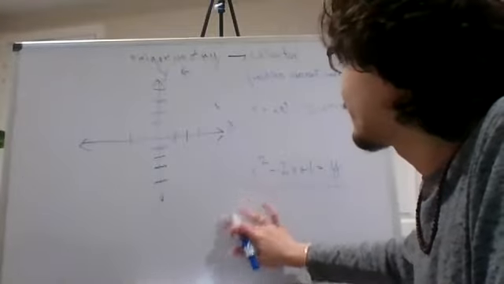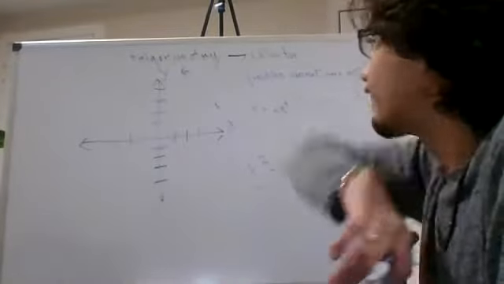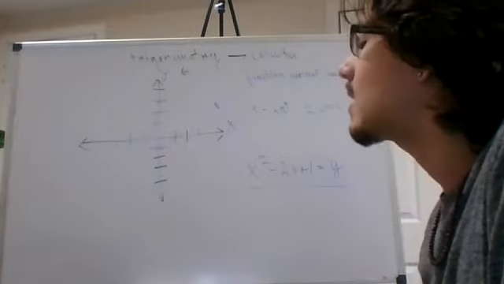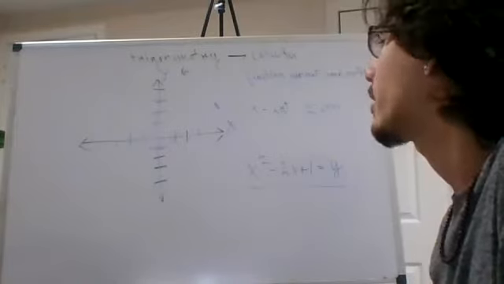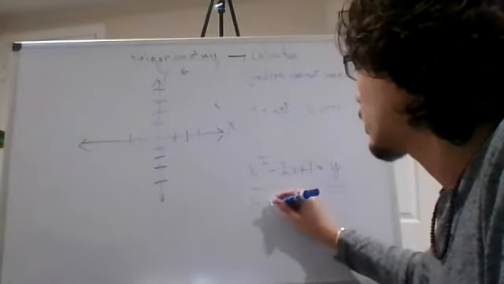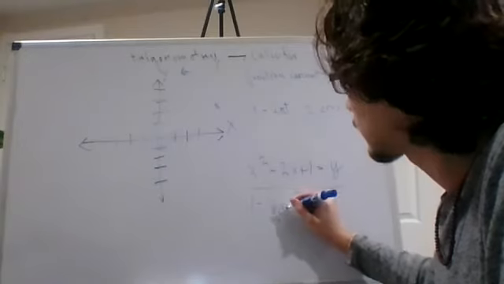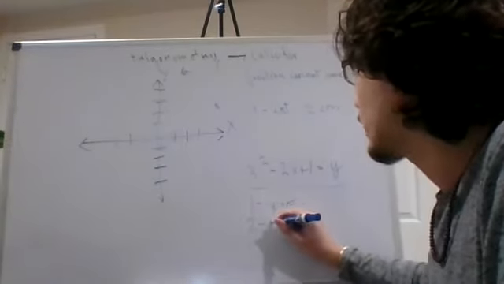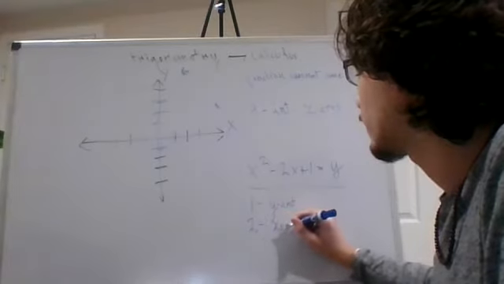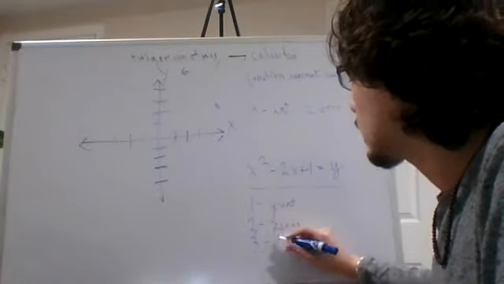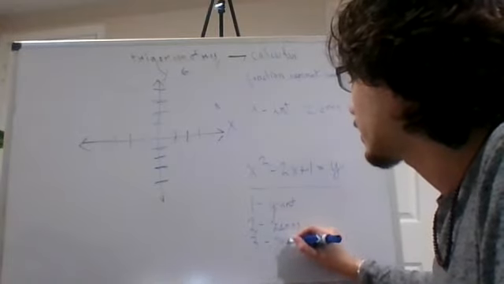So when you are given an equation, there are really, I want to say, 4 things that you want to know. One, you want to know the y-intercept. Two, you want to know the zeros. Three, you want to know the shape.